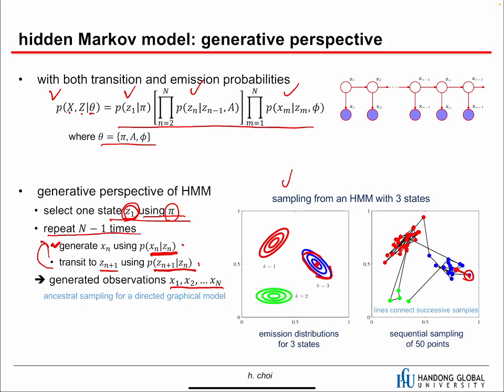Then we apply the transition probability, and again we are still in state 3, and we generate one more sample. Now when we transit, accidentally we transit to state 1. From state 1, we generate one sample, something like this. We repeat this n times, and then we can generate all the samples like this.